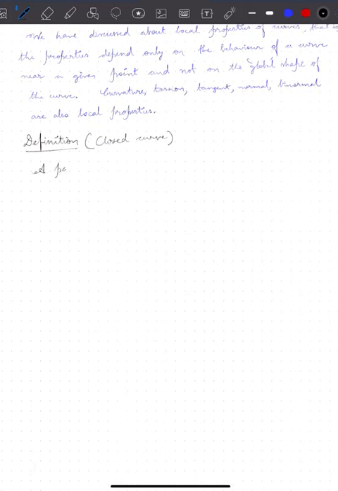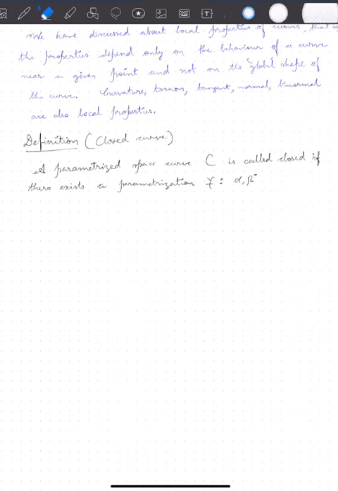Say that a parametrized space curve C is called closed if there exists a parametrization gamma vector which maps from [alpha, beta] to R3 of C such that gamma vector alpha is equal to gamma vector beta. So this is called a closed curve.